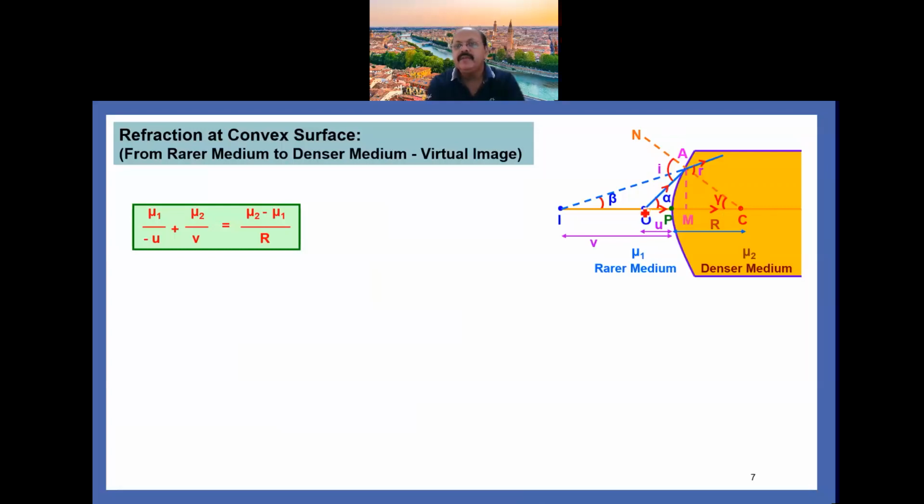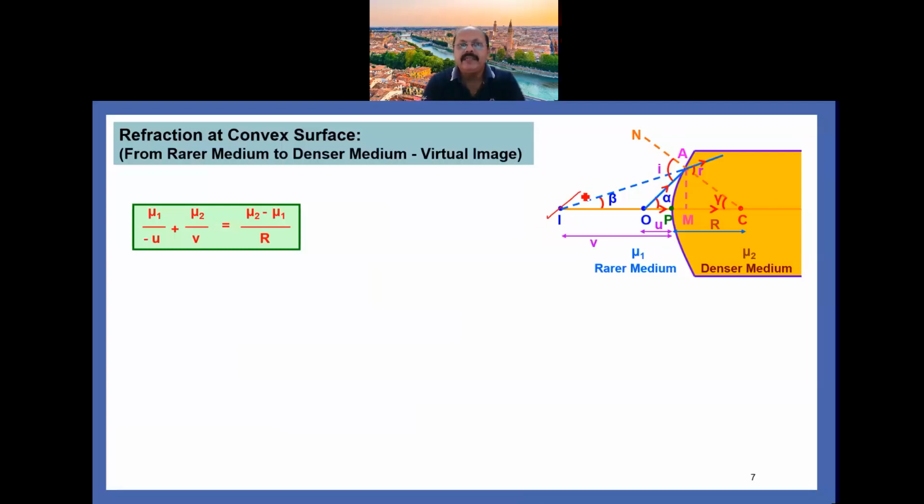Another ray which incident along OA and get refracted but not meeting to the first refracted ray. So we extend it in back direction. Then it appears to come from point I. That's why I is the virtual image of the point object O, and the rest of things are the same.